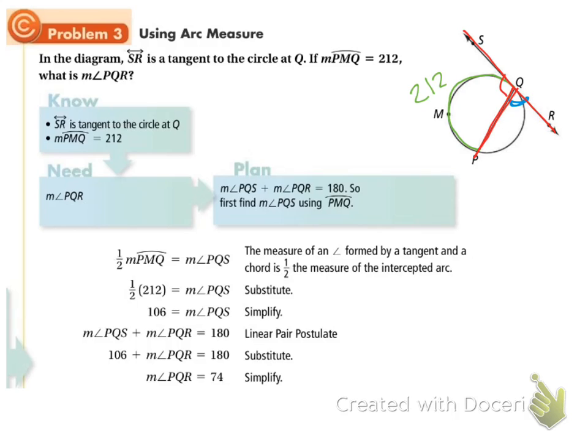That goes with this angle right here, and it goes with the green arc there, right? The red angle goes with the green arc. So if the green arc is 212, if we divide that by 2, we get that this red angle is 106 degrees. This is a straight line right here, which means that these two angles have to add up to 180. So if I do 180 minus 106, we get 74 degrees, and that is what this blue angle is right here.